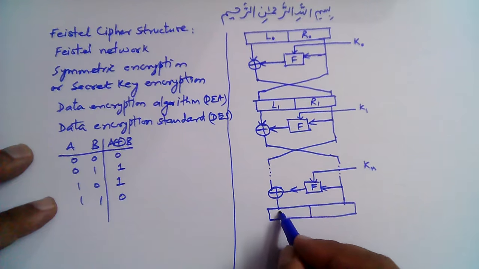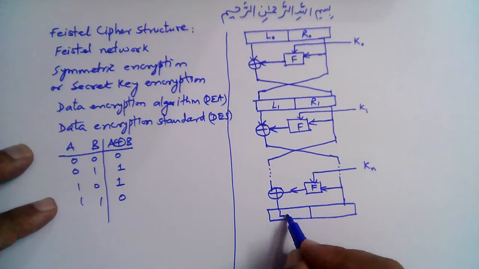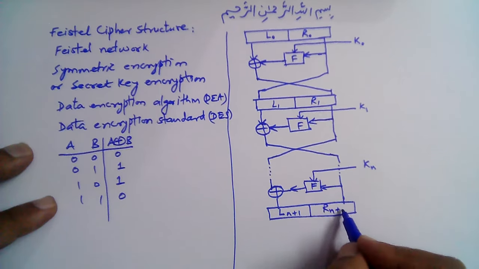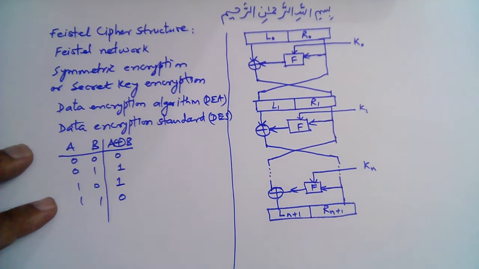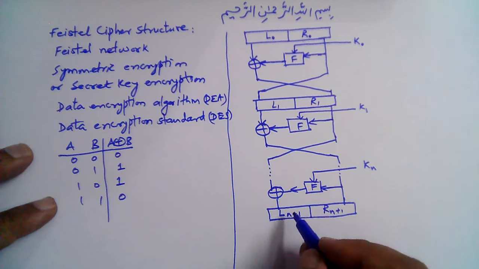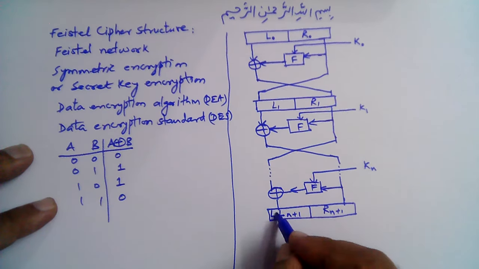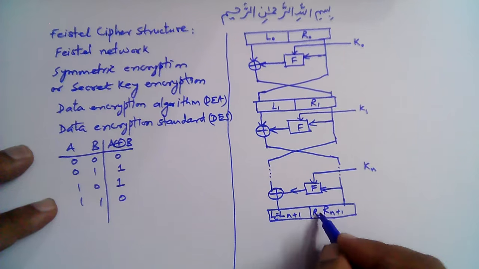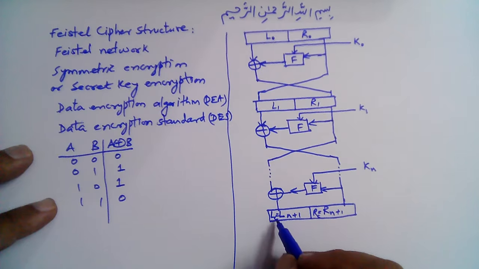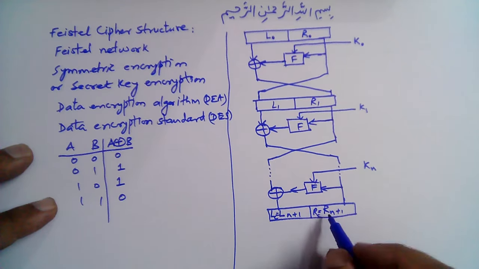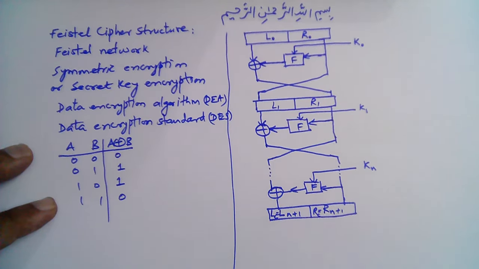Let's call these L n plus 1 and R n plus 1. This is basically the cipher structure. We could have called this LC and RC: the left half of the ciphertext LC is equal to L n plus 1, and the right half of the ciphertext RC is equal to R n plus 1.